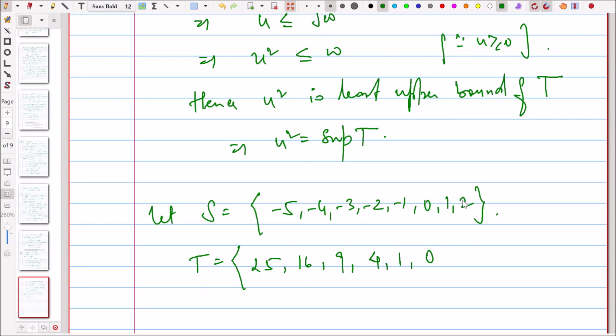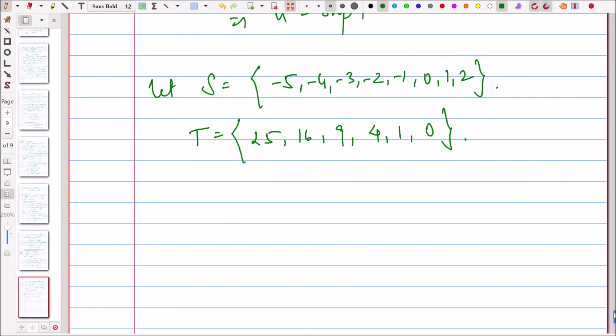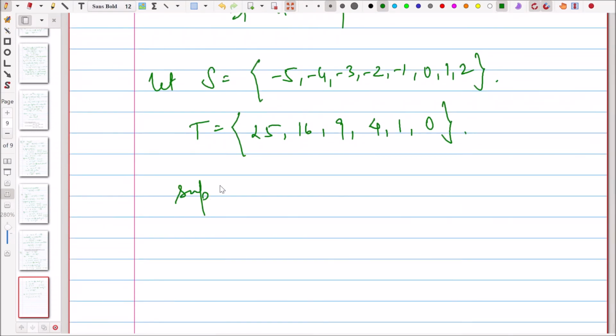Since 1 and 4 are already there, this is our set T. Now supremum of S is 2 and supremum of T is 25, which is not equal to 2 square. Hence, if we allow negative numbers in S, then the result may fail to hold.